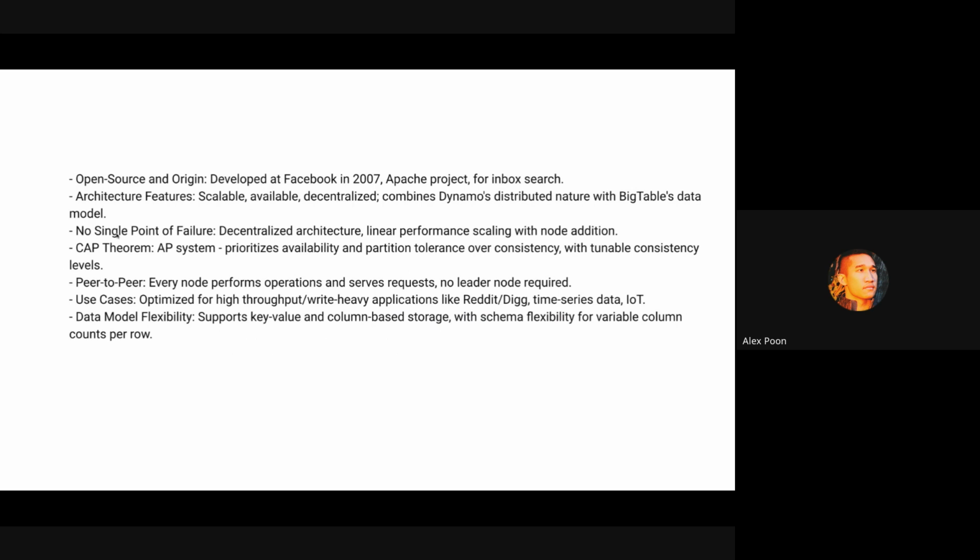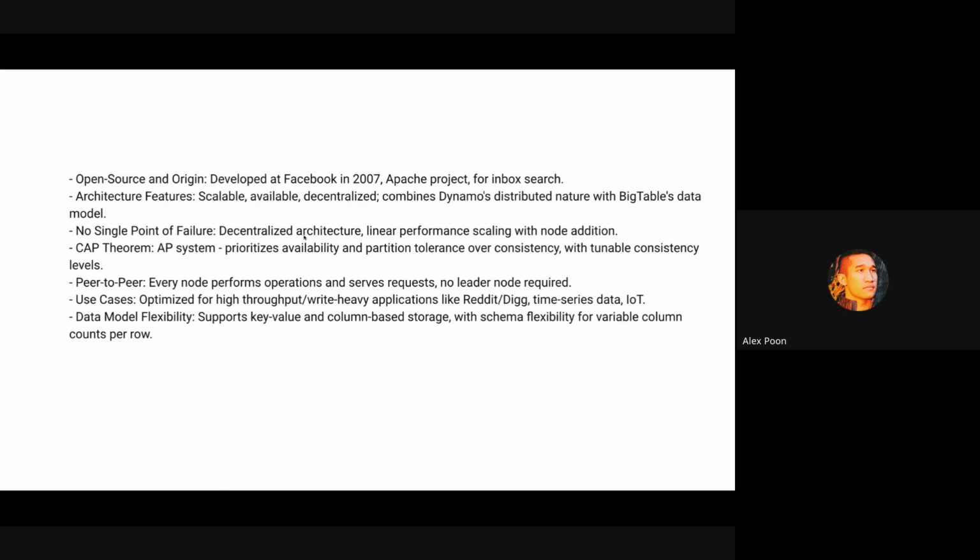So what is Cassandra? It's an open source Apache project originally developed at Facebook in 2007 for the inbox search feature. Cassandra is designed to provide scalability, availability, and reliability to store large amounts of data.